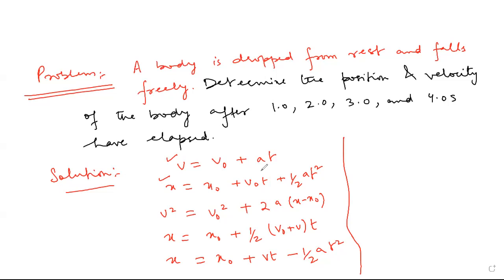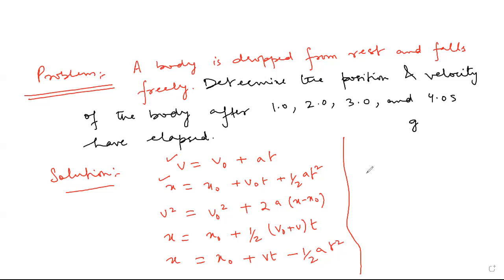And you also know that if we allow a body to fall in a vacuum so that air resistance does not affect its motion, we find a remarkable fact that all bodies, regardless of their size, shape, or composition, fall with the same acceleration at the same point near the Earth's surface. This acceleration we call acceleration due to gravity or free fall acceleration, and we denote that acceleration by g.